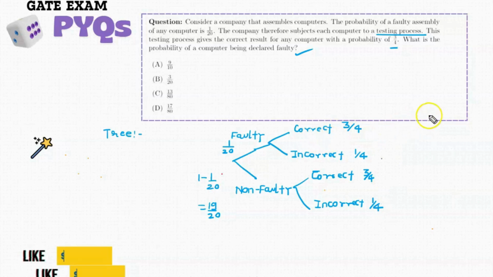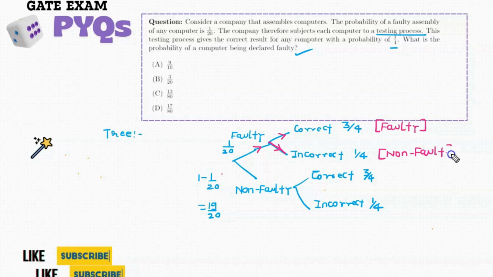So in what all cases is the computer being declared faulty? If you consider the first case, the computer was faulty, and if the testing is correct, that means yes, the computer is indeed faulty. In the second case, it is faulty and the result is incorrect, so the testing process will say it is non-faulty.